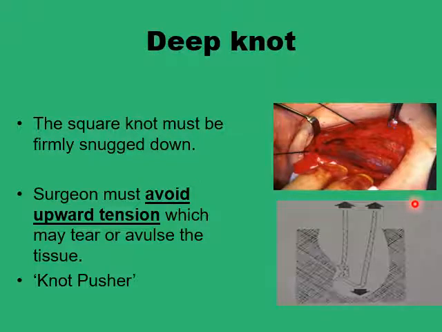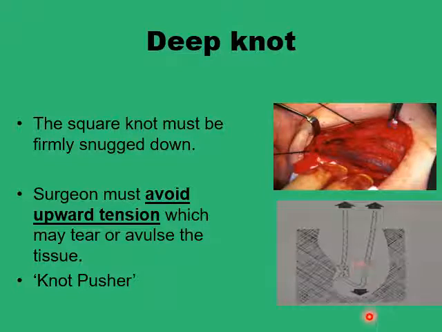When a knot is being tied in a deep cavity like the tonsils, oral cavity, it's important to keep tension on both ends of the suture strands while the knot is being secured. It's easy to apply the tension on the superficial strand, but the trick is to apply equal tension on the deeper strand while the first half reef knot is being secured.